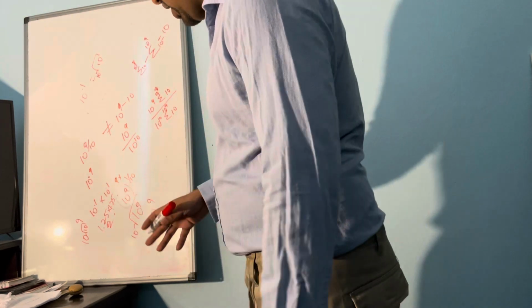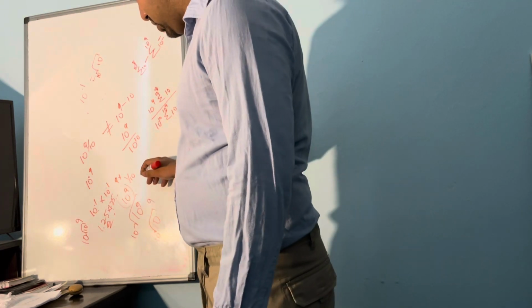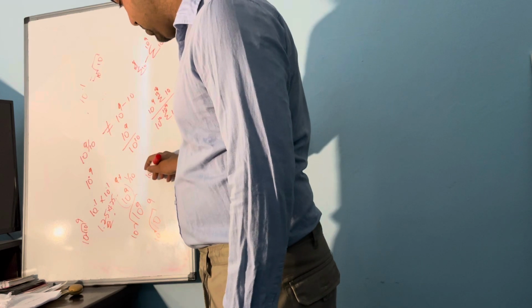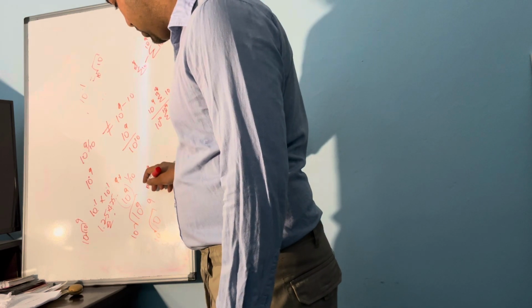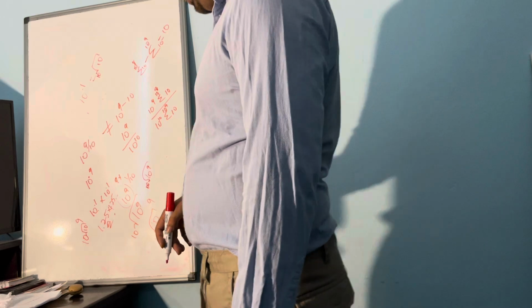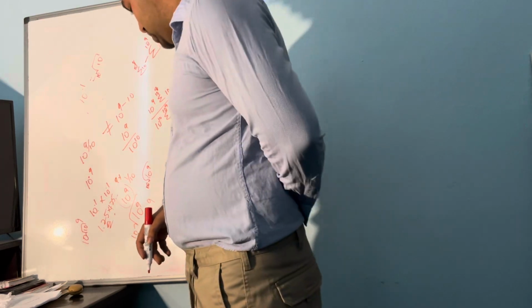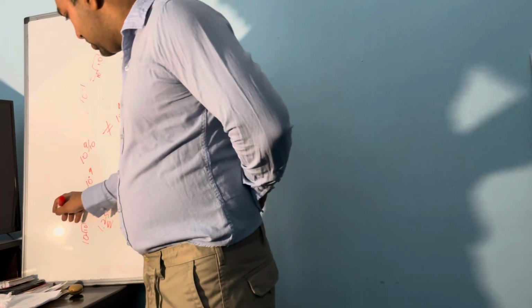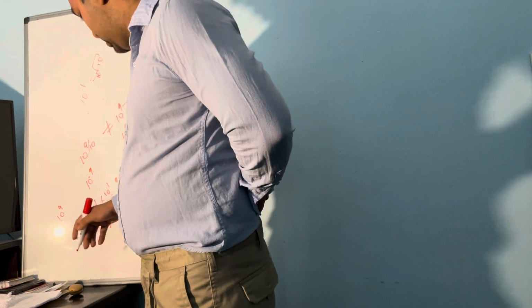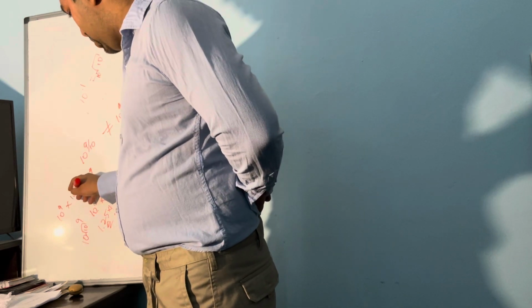But if we wanted to describe this in a different way, if we want to describe this as 10 to the power of 9, the 10th root, we would say it would just be 10 to the power of 9 times 10 to the power of 9.